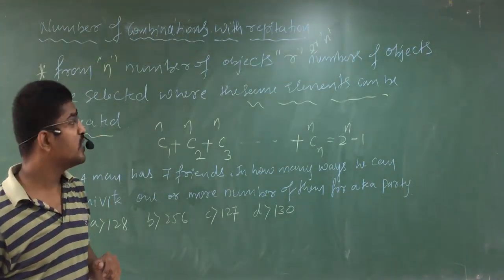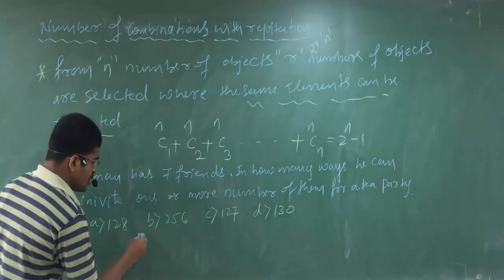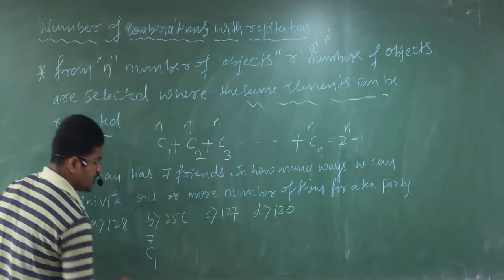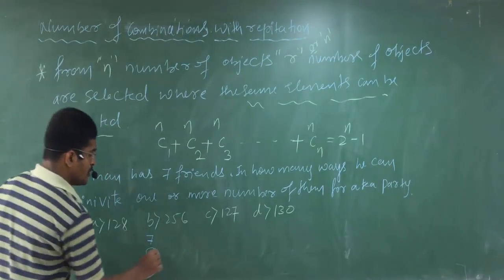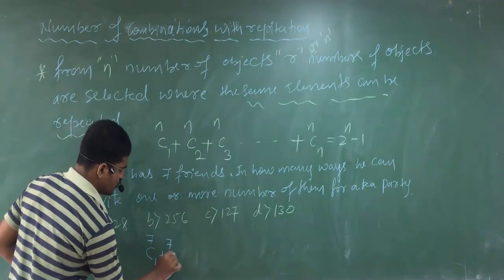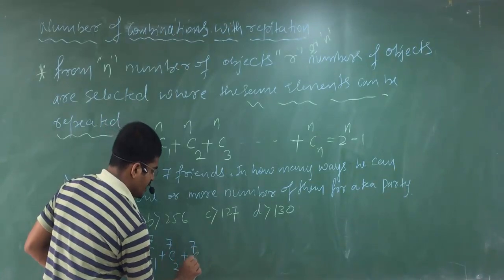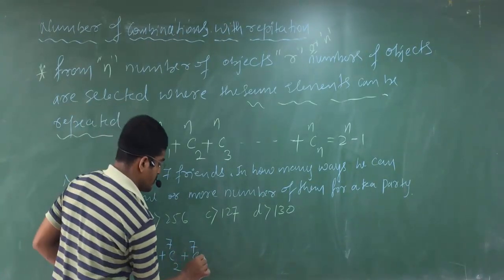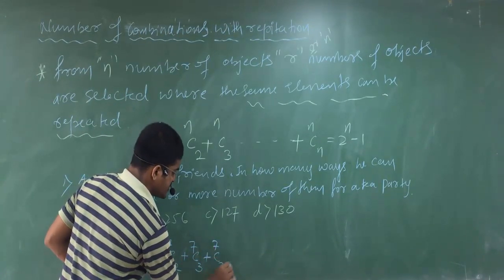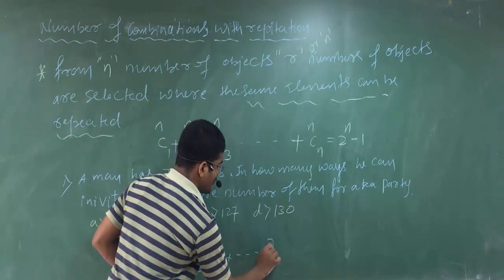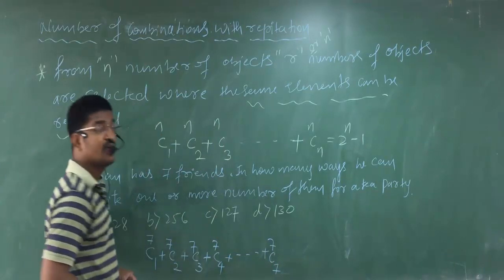So that means, students, see here, he has 7 friends. He can invite one person, plus he can invite 2 persons, plus he can invite 3 persons, plus 7C4, and so on up to 7C7.